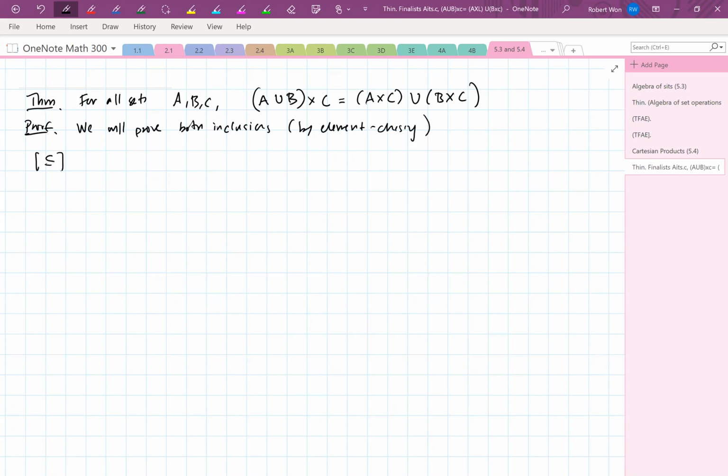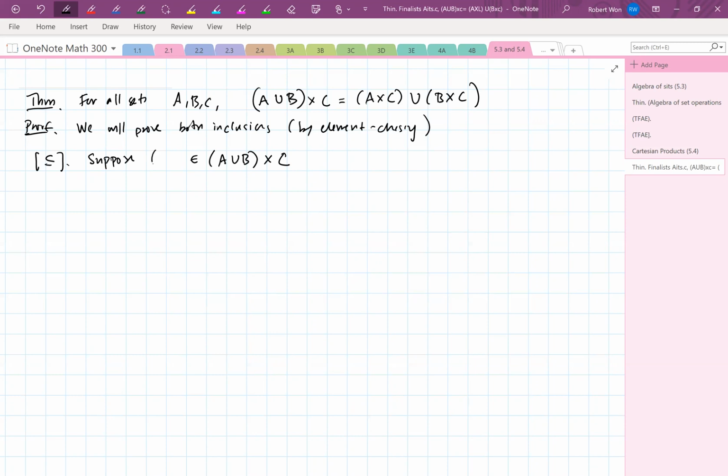Okay, so let's prove that the left-hand side is a subset of the right-hand side. So suppose I want to take an element of the left-hand side. Right? I want to say, suppose that something is in (A union B) cross C. But the thing to remember is that the Cartesian product consists of ordered pairs. So an element in (A union B) cross C looks like an ordered pair.